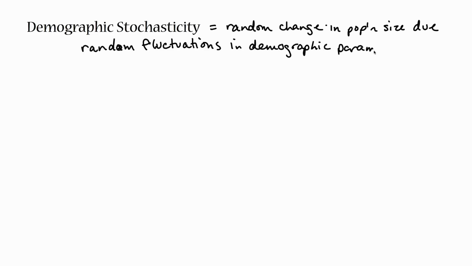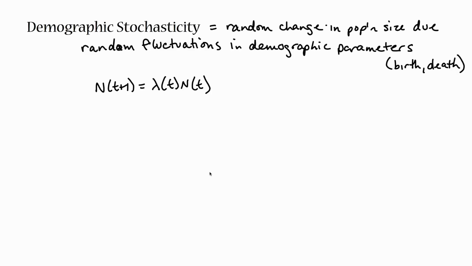So demographic parameters are birth rate, death rate, immigration, and emigration. So thinking back to the simple stochastic model of exponential growth, n at time t plus 1 is lambda t times n at t. Remember that growth rate is really births minus deaths.